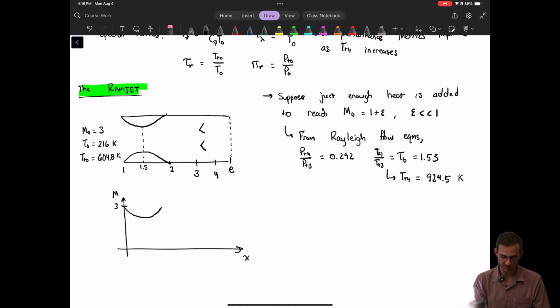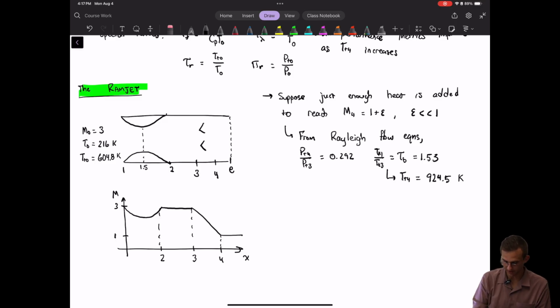So it slows down as you decrease the area, and then it'll go back up to Mach 3. It'll be constant until it encounters the burner, and then through the burner, it'll go down to a Mach number of 1 here, and then go straight out the exit. So that's what the Mach number is doing, just to be clear. This is station 4, station 3, and then this is station 2.